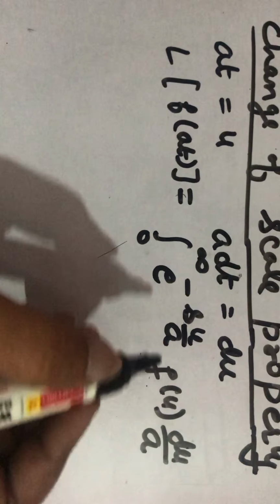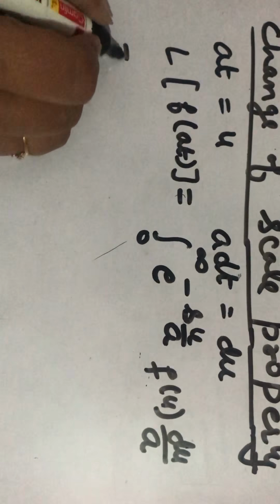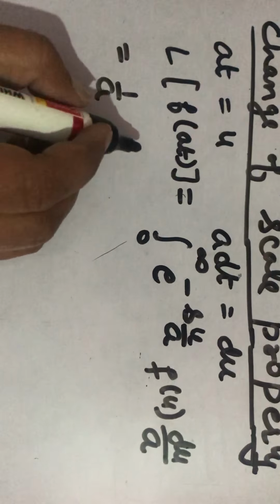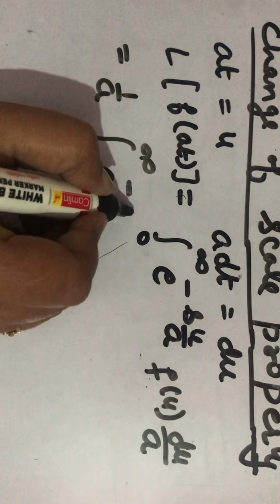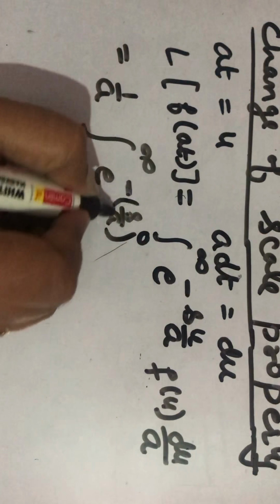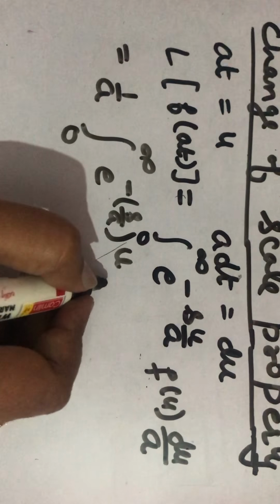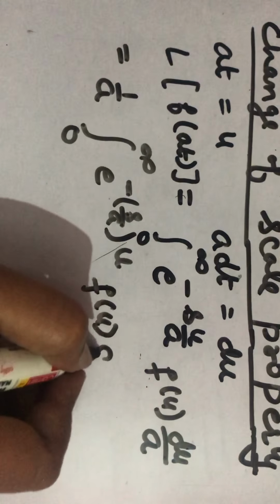So now let us write this. Take 1 by a outside. 1 by a, 0 to infinity e raised to power minus s by a into u, f(u) du.